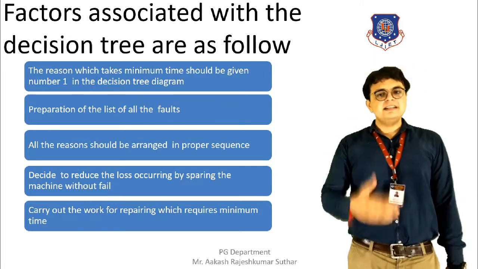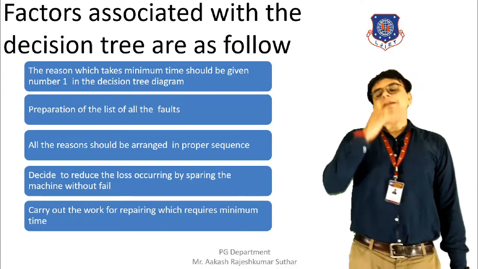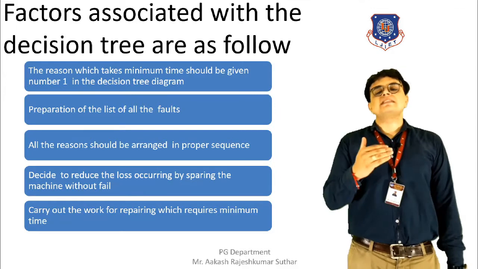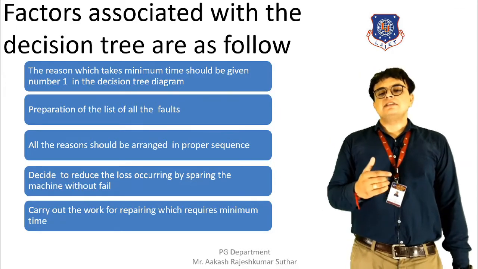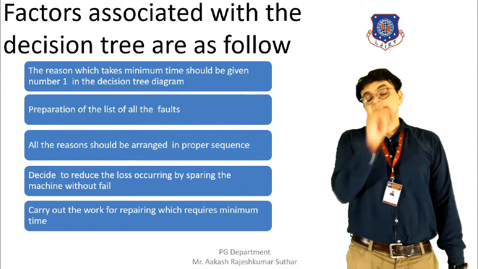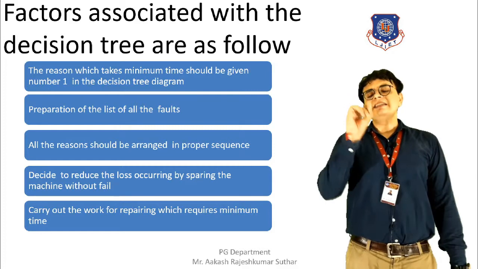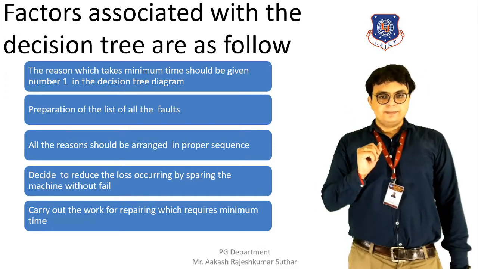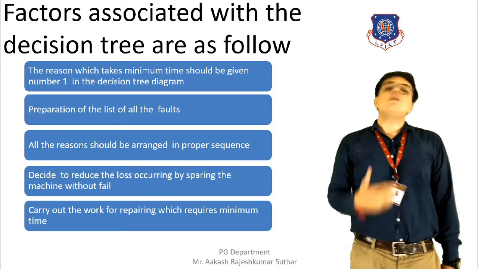The next thing that is required is to arrange them in a proper manner. We should arrange all the faults as per a certain criterion. That is, the fault which takes the least time to recover should be listed first. It should be at number 1 in the list of faults.